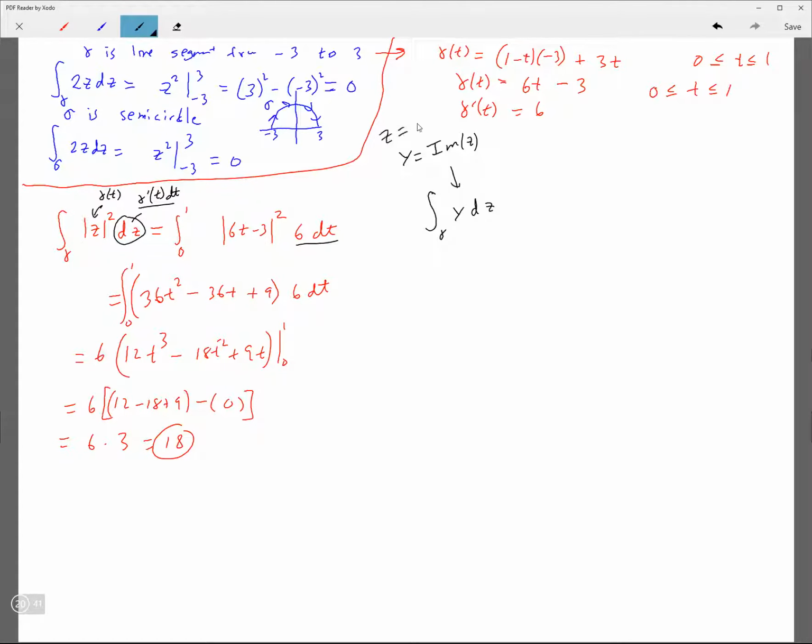Where z, the variable, is x plus iy, right? So if you're across this same path, then since basically you can say 0i right here, that means that your y is 0. So that integral is going to be 0 if you do that.